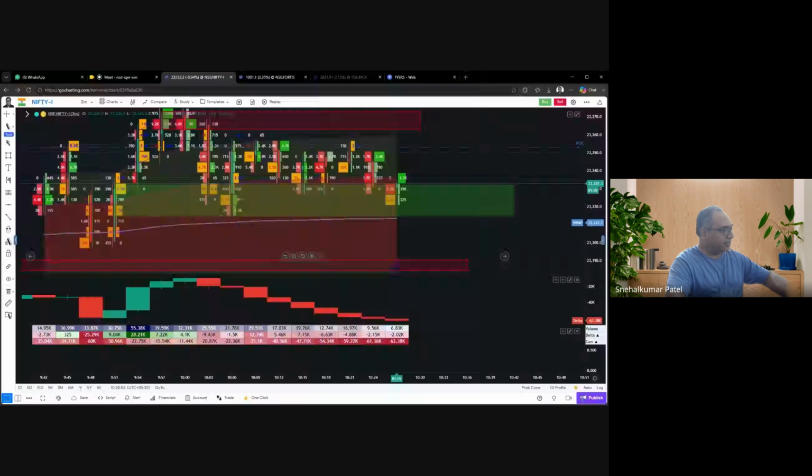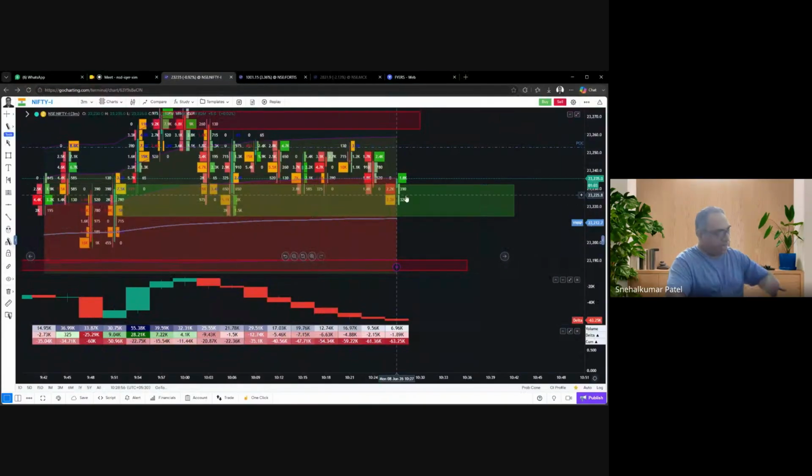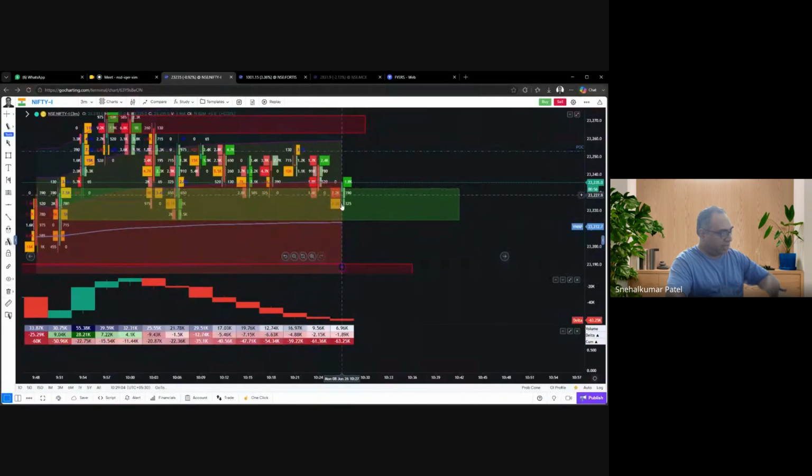Let's see. Again, the buyers came, price not going below this level, even though there is a sell side imbalance. Completely sideways market.